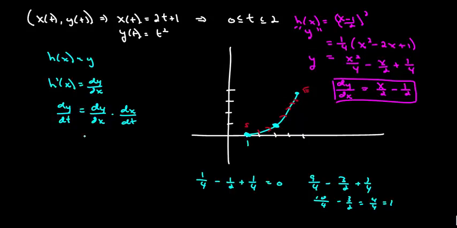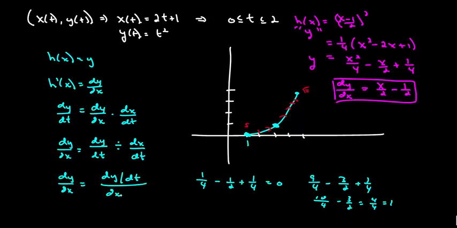And so if we move some stuff around here, if we want dy dx, that's equal to dy dt divided by dx dt. And so you'll typically see this written like this: dy dx is equal to dy dt over dx dt, just like that. So let's go ahead and use that here.